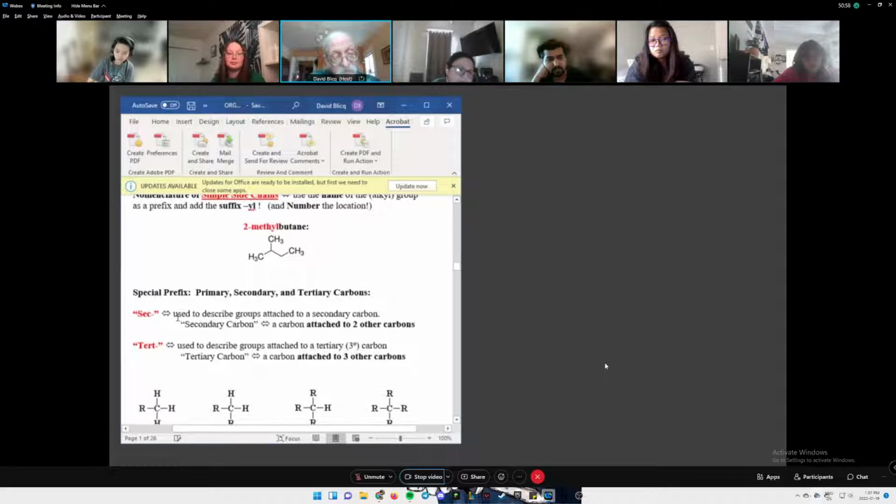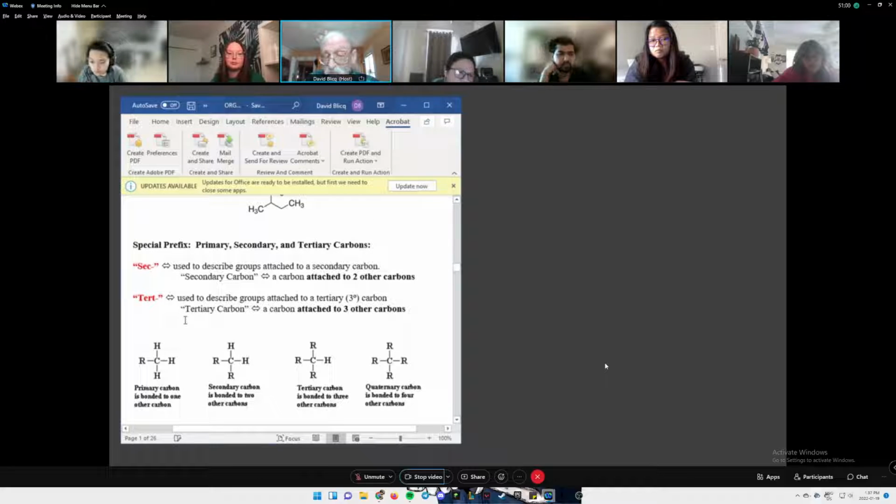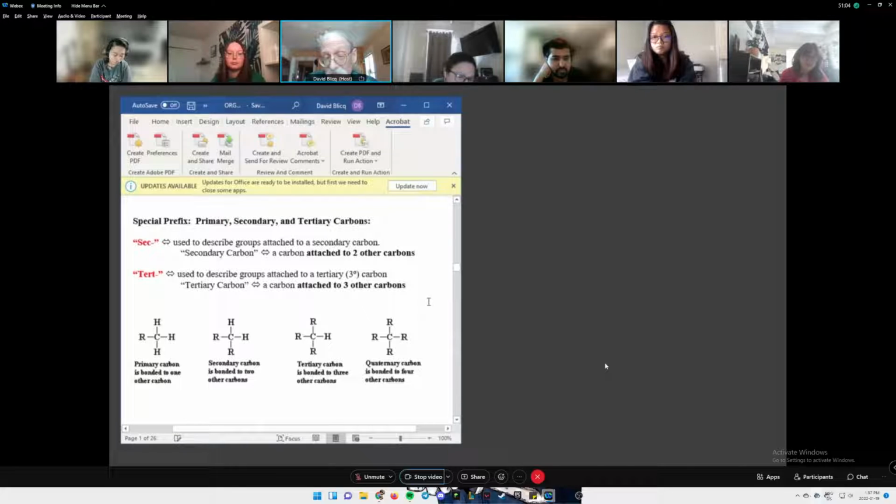The prefixes, and this is where I wanted to get into sort of where those add in there, Mr. Senpai. We have primary, secondary, and tertiary carbons. What does that mean? It's referring to how many other carbons something is attached to.